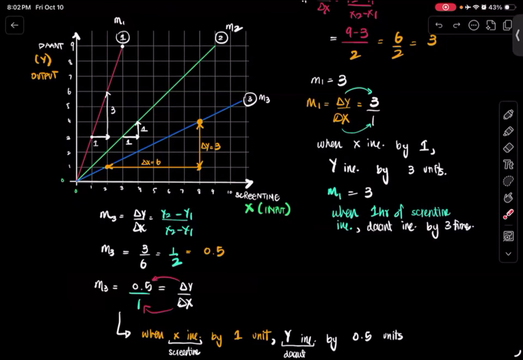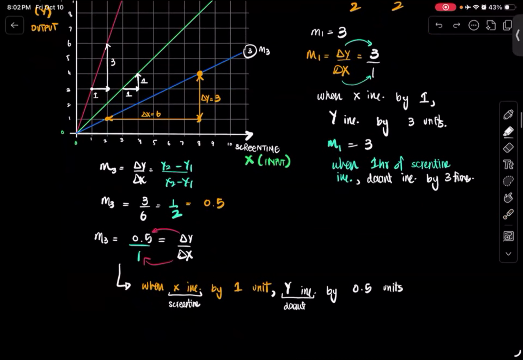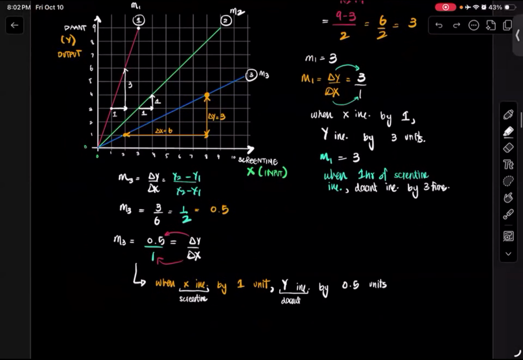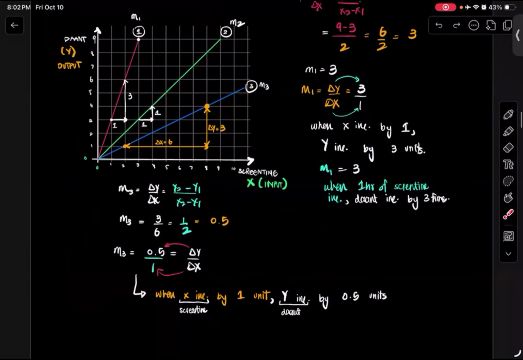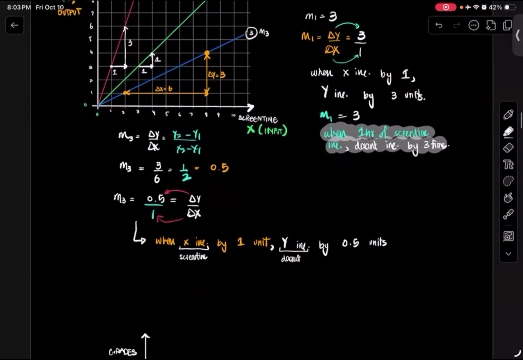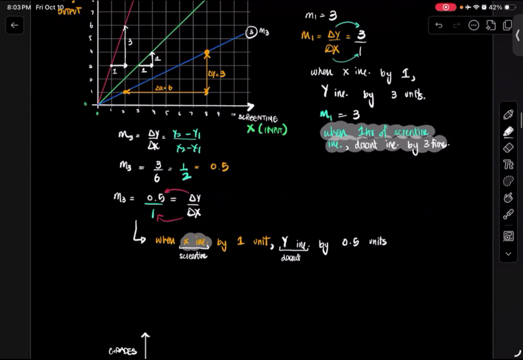Whereas for the strict one, how is that guy different in terms of the gradient? Because when he has 1 hour of screen time, it increases by 3. Exactly. And what about the lenient one? When he gets 1 hour of screen time, he gets 0.5 dant.